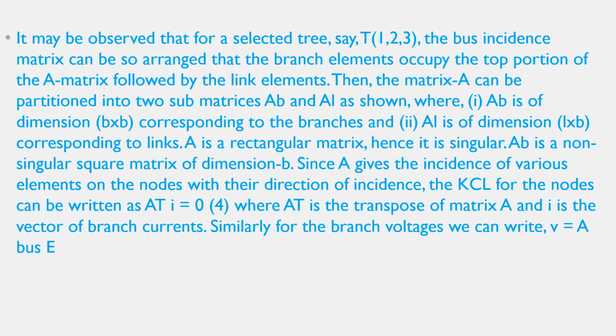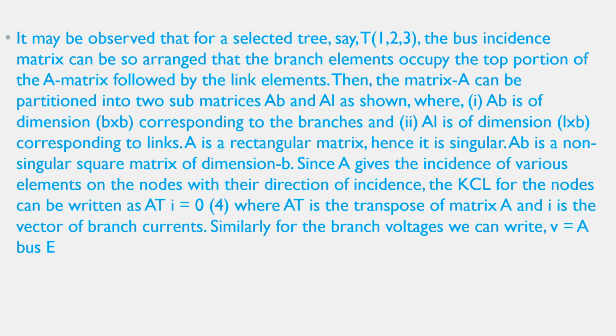Then the matrix A can be partitioned into two submatrices A_B and A_L as shown, where A_B is of dimension B by B corresponding to the branches, and A_L is of dimension L by B corresponding to the links. A is a rectangular matrix, hence it is singular. A_B is a non-singular square matrix of dimension B.